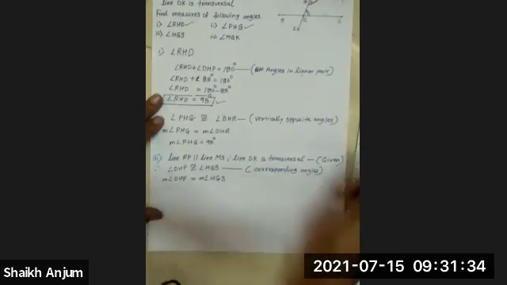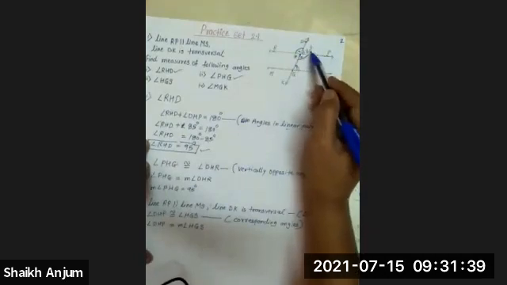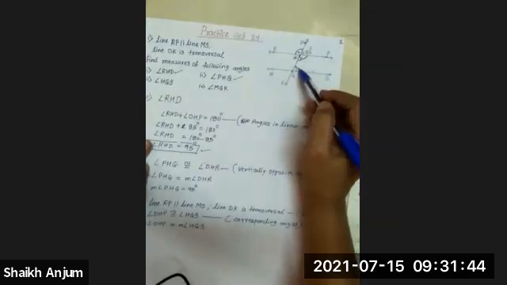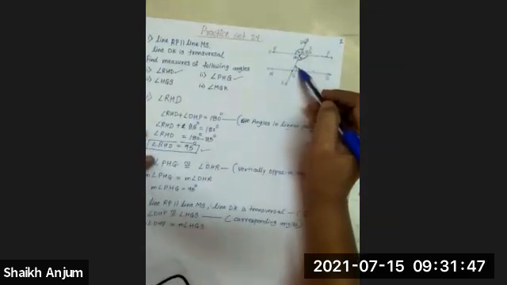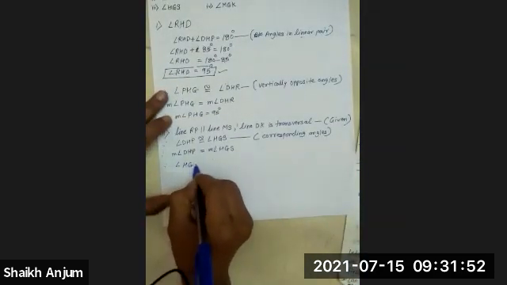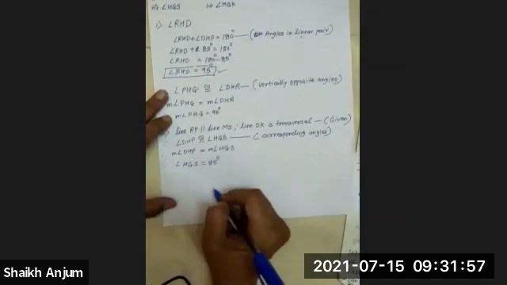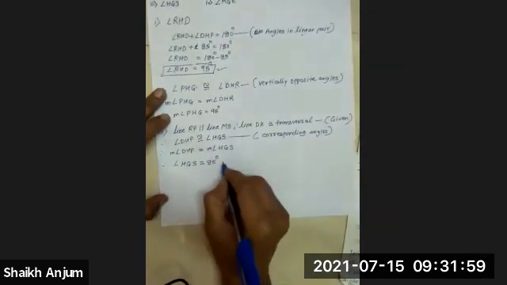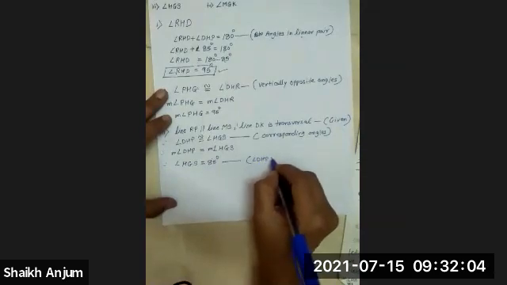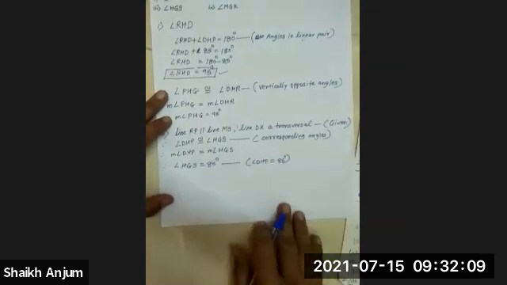As DHP is given 85 degrees, then angle HGS will also be 85 because that one is the pair of corresponding angle. So therefore, angle HGS will also be equal to 85 degrees, because angle DHP is equal to 85 degrees and it is given.